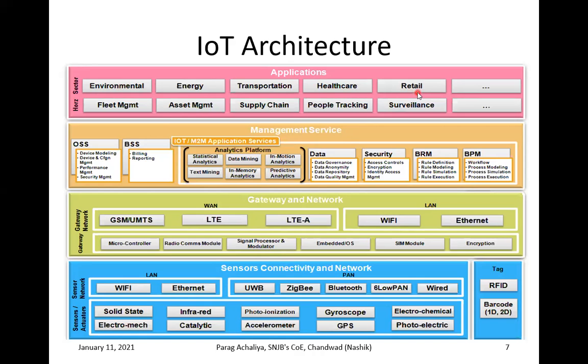Healthcare sector, retail sector, surveillance system. There will be people tracking, supply chain, transportation, energy, asset management, fleet management, and so on. There can be n number of sectors where the IoT application can be implemented or where the IoT application is available. So this is the IoT architecture.